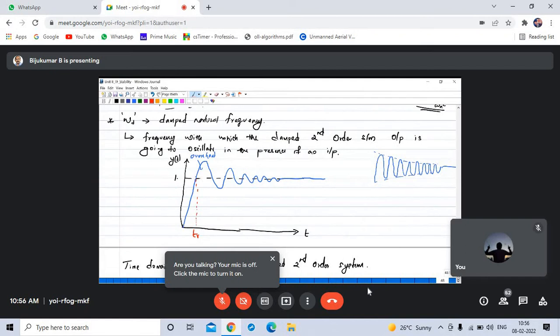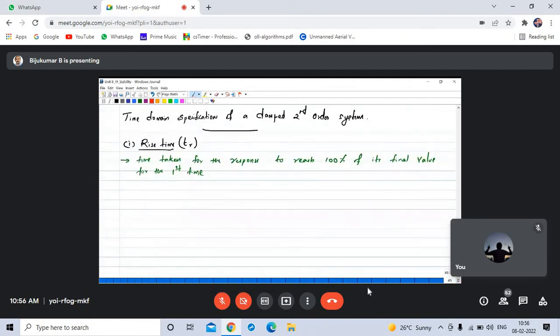Okay, now how will you obtain the relation for rise time? How will you find the rise time from the response?